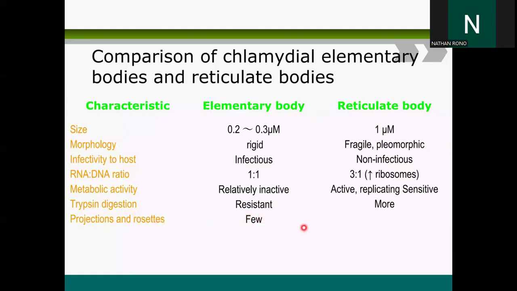Projections, very few. And then the reticulate body is fragile because it's intracellular and non-infectious. RNA to DNA ratio is increased, and it is metabolically active because it is replicating. With trypsin digestion, this one is not resistant. So this is a very important point you have to remember.